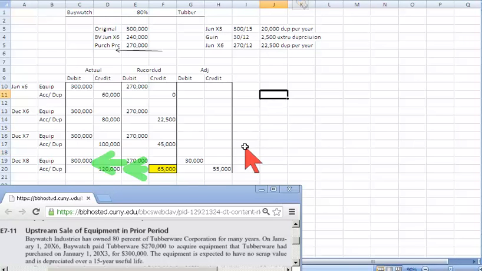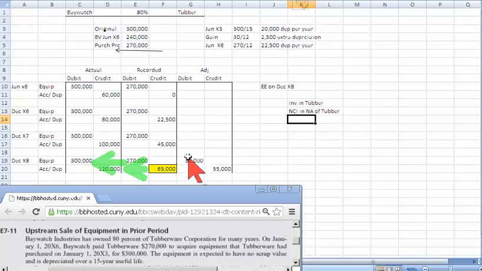So let's start our elimination entry on December of '08, and we're going to have investment in Tubber, NCI, in net assets of Tubber because it's an upstream sale.